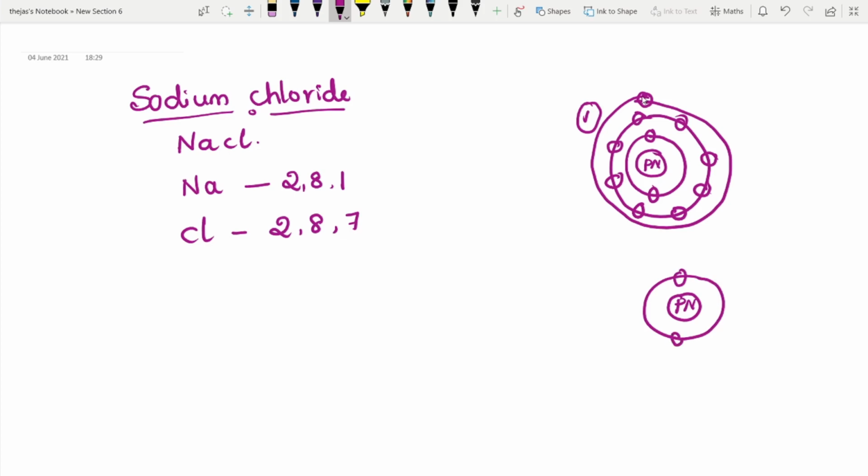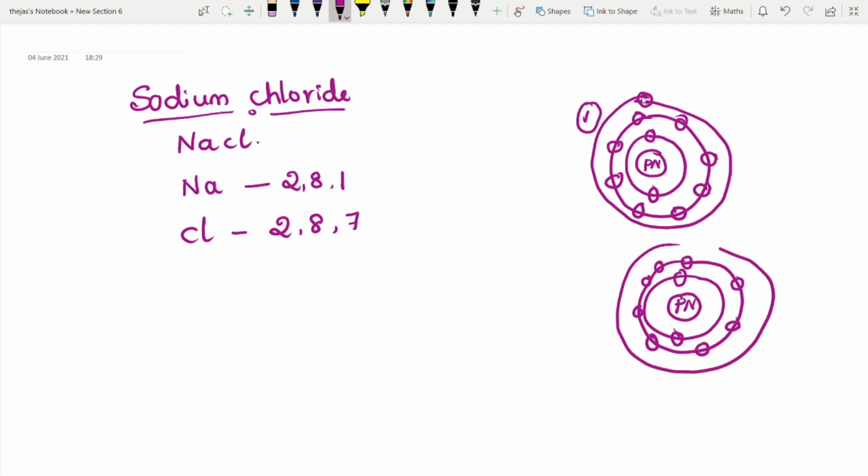In the first shell, we can see the 2 electrons, and in the second, we can find 8 electrons. Then at the outermost shell, as we know, it has 7 electrons. Here you can see the 7 electrons: 1, 2, 3, 4, 5, 6 and 7. It contains 7 electrons in the outermost shell.